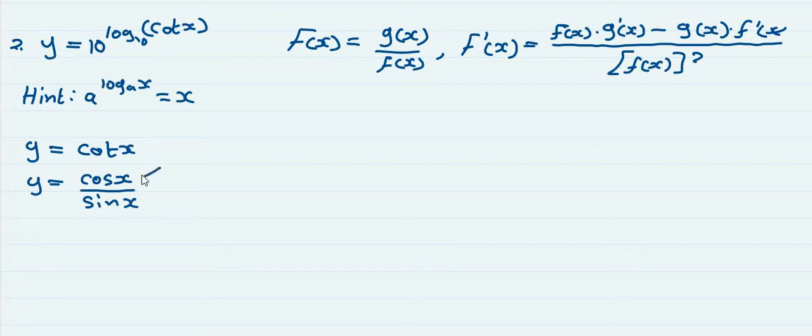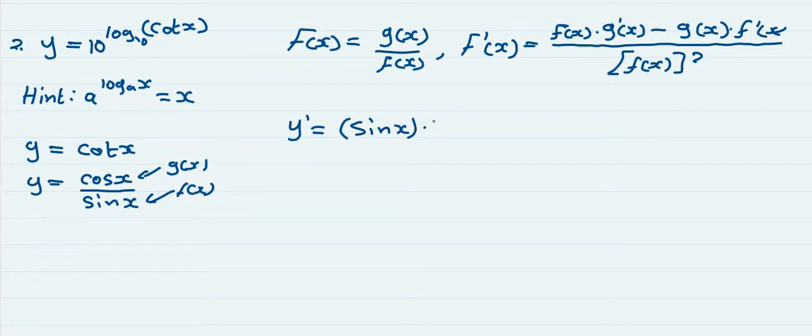Then here g of x is the numerator, then f of x is the denominator. Then we substitute as straight y prime equals f of x, which is sin x as it is, multiply by the derivative of g of x.